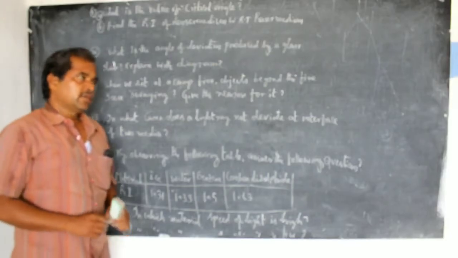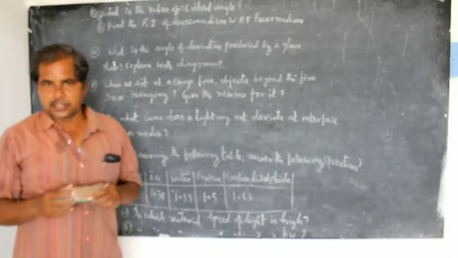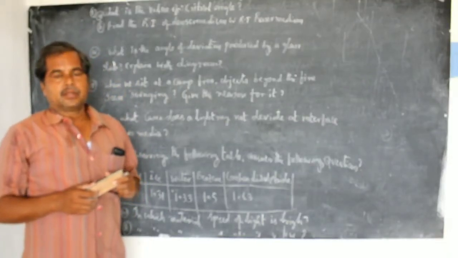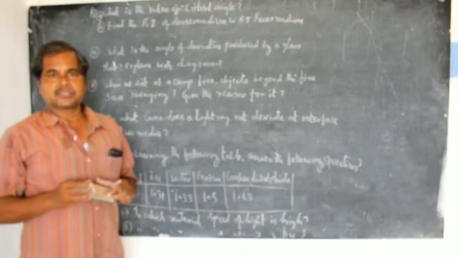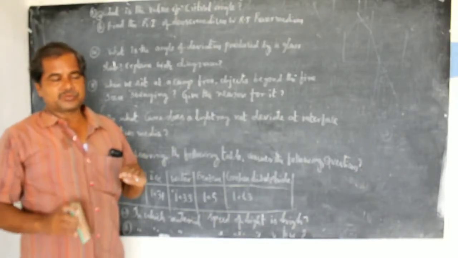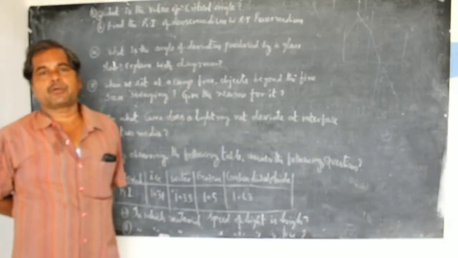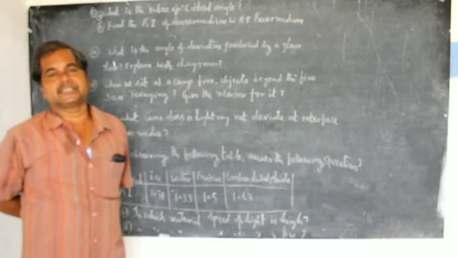Next, in what cases does a light ray not deviate at the interface of two media? When any light ray moves from one transparent medium to another transparent medium, refraction must occur, but in two cases the refracted ray doesn't change its direction.